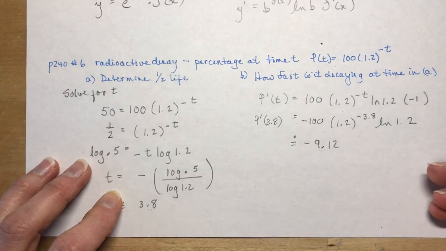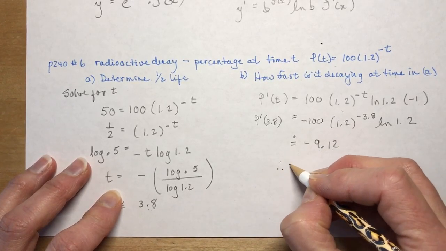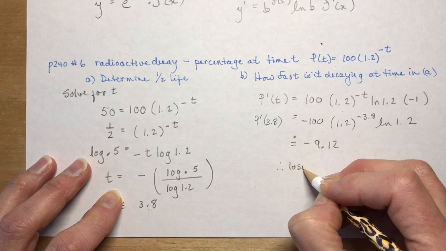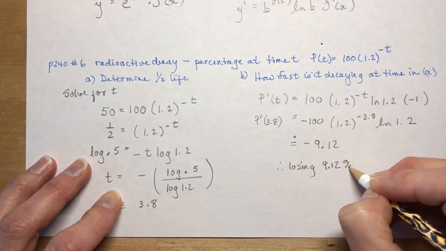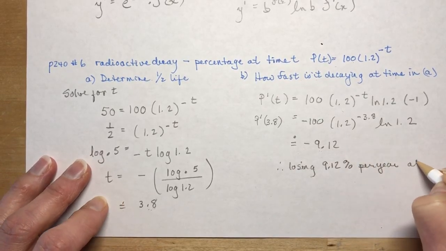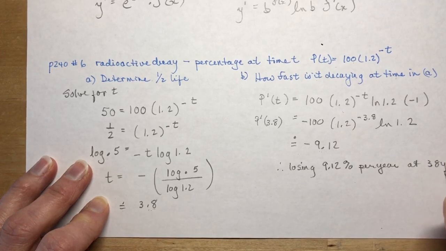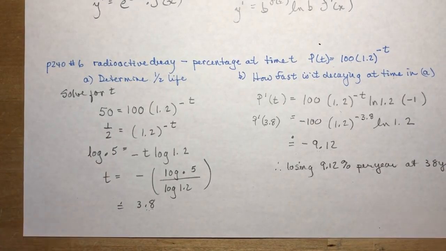Oh, so it's just a percentage. So you're losing 9.12% per year at 3.8 years. Okay, don't forget you need units for these kinds of questions. Okay, so that's 5.2 for you.